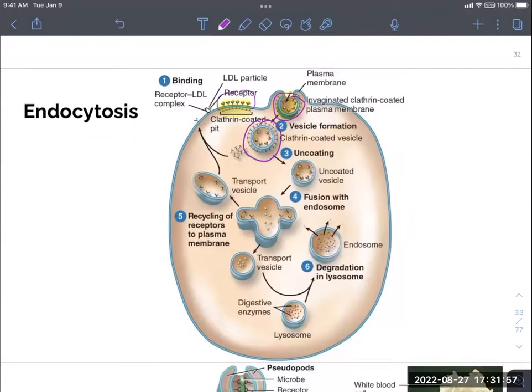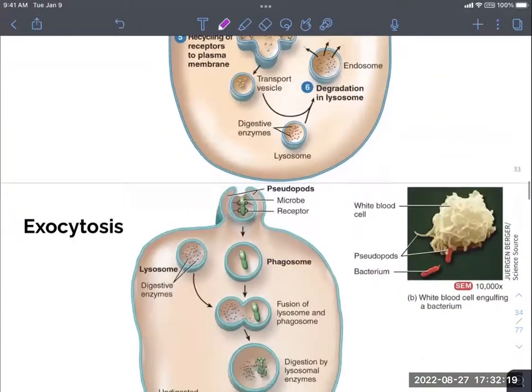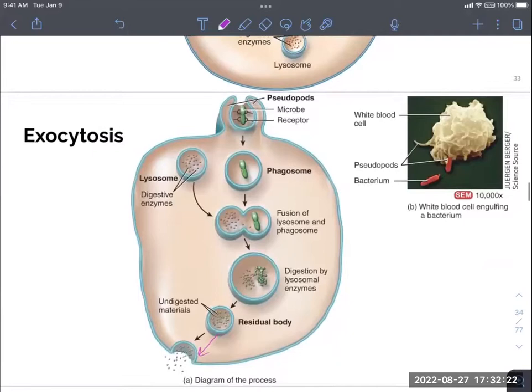The vesicle will eventually come in contact with a lysosome that helps break it apart and release whatever it was carrying before it moves back. And we start with the next vesicle for endocytosis. Exocytosis, on the other hand, will take something and release it from inside our cell to outside the cell.